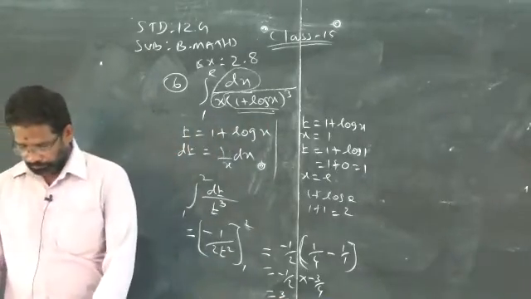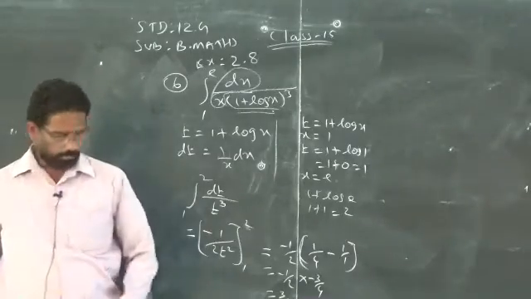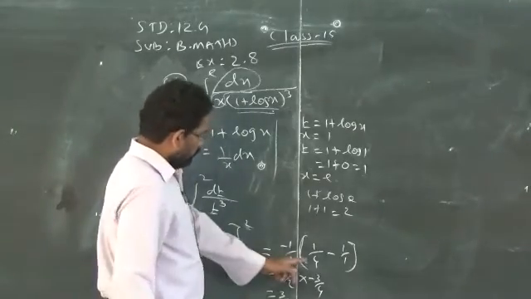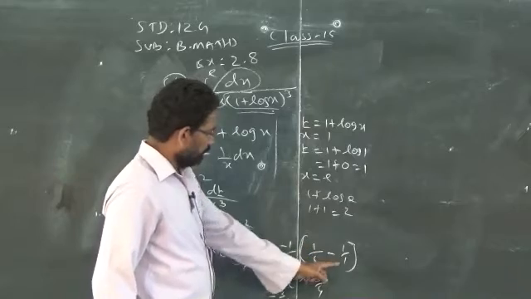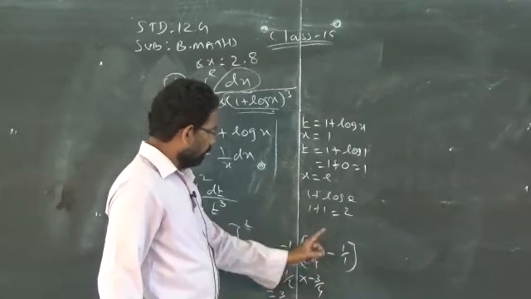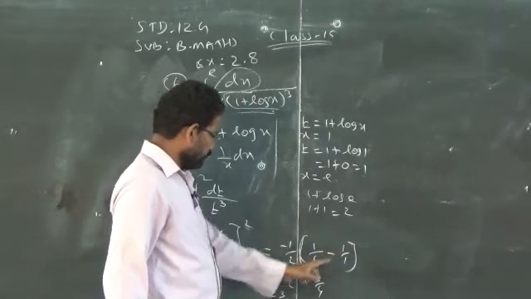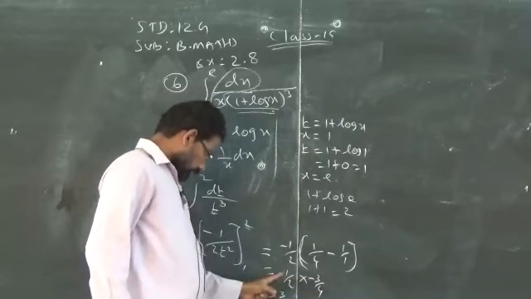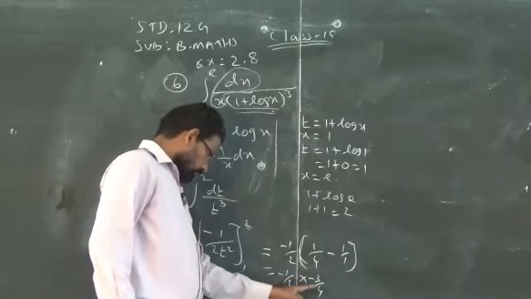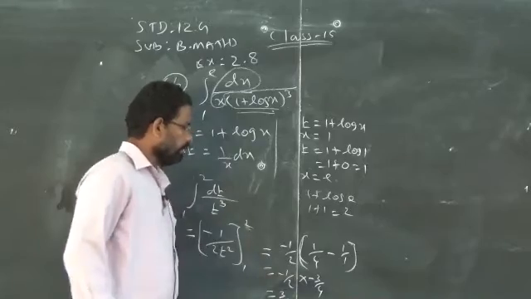Clear? You check the answer. 3 by 8. It's correct. 1 by 4 minus 1, cross multiply, you will get 1 minus 4. 1 minus 4 is minus 3 by 4. So minus into minus plus, 2 4s are 8. 3 by 8. Clear?